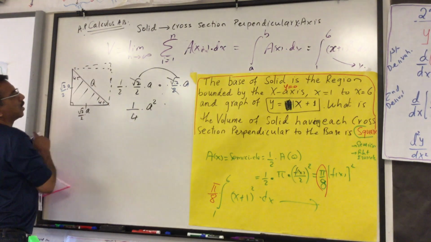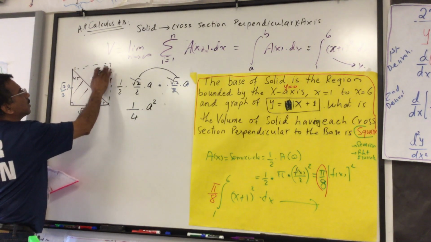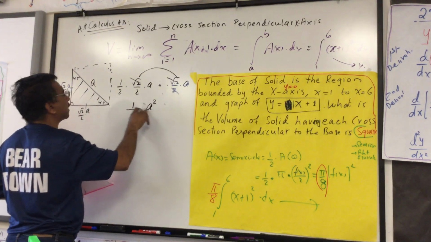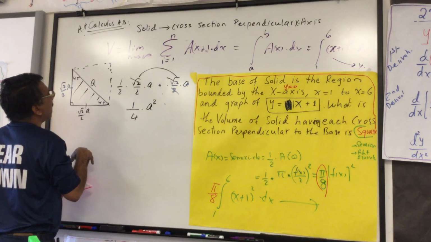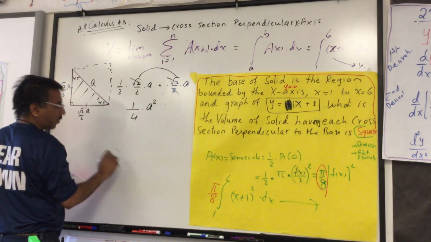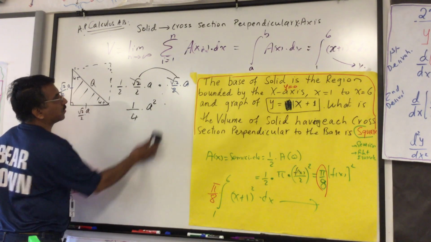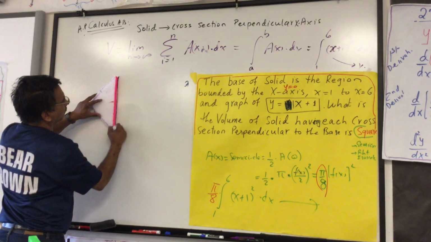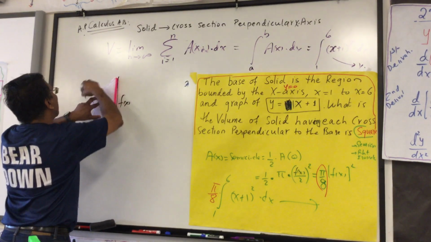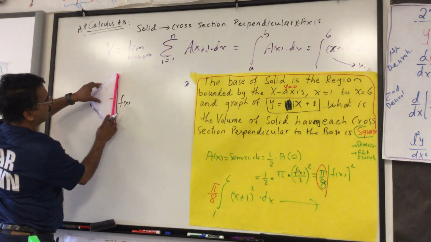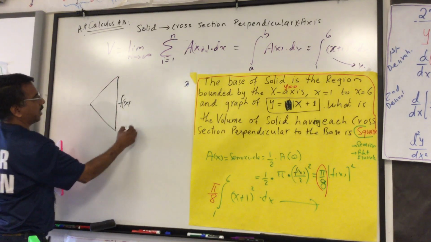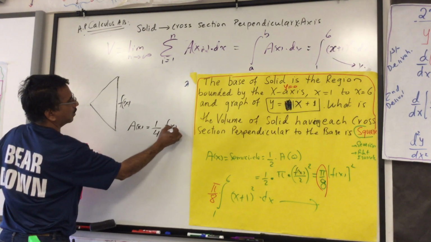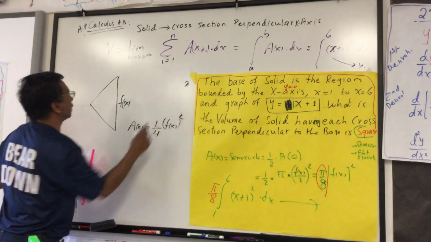Now, this is the formula for 1/4 of the square on whatever this side is. Knowing this, we can write 1/4 of A squared. So the formula reduces to this, where this was your f(x). The area of one cross section will be 1/4 of the whole square.